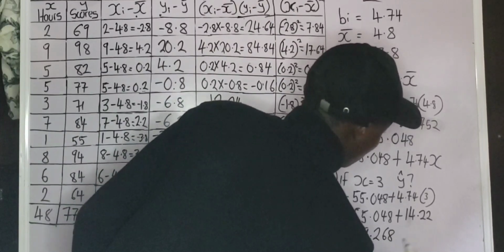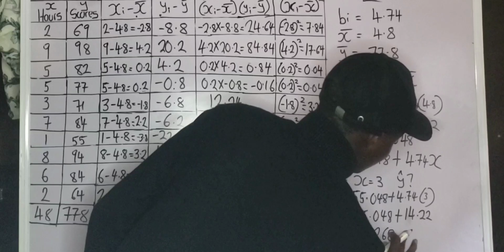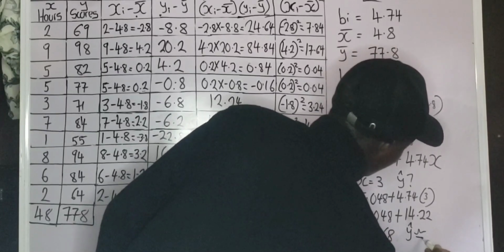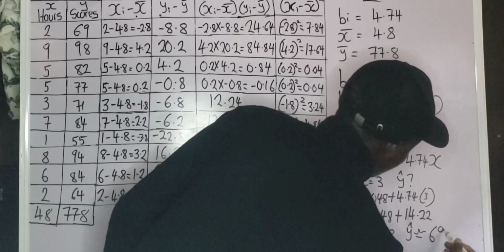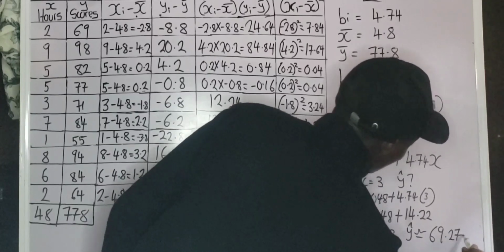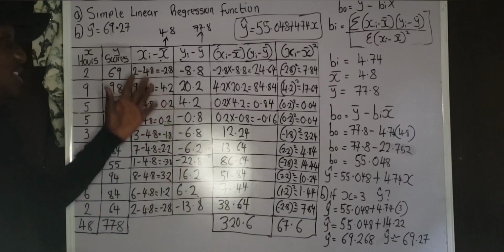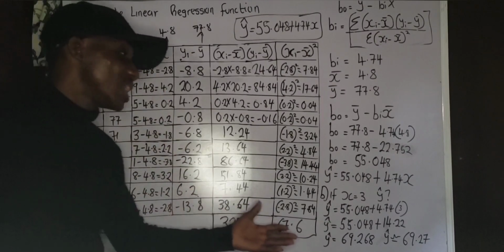You can approximate to 2 decimal places. That is, the predicted value of y is approximately equal to 69.27.